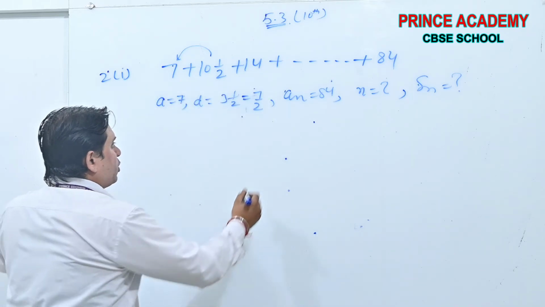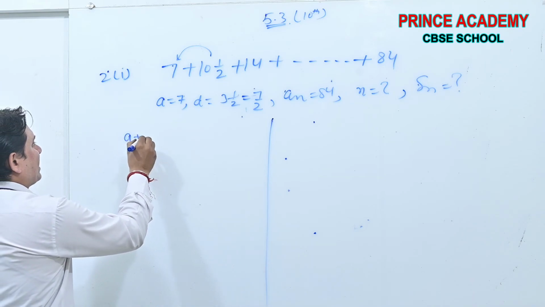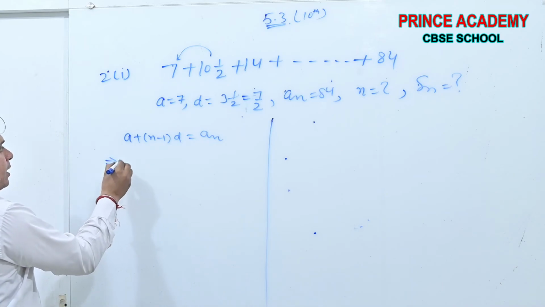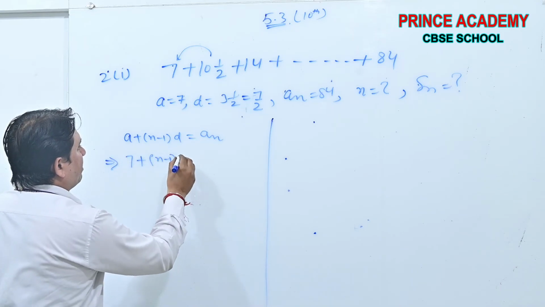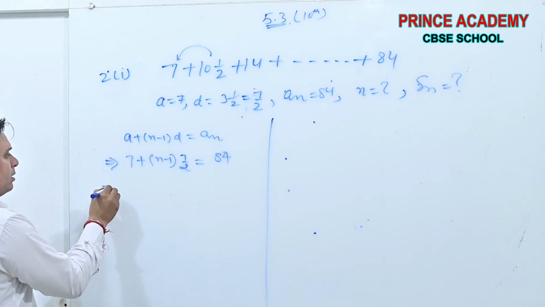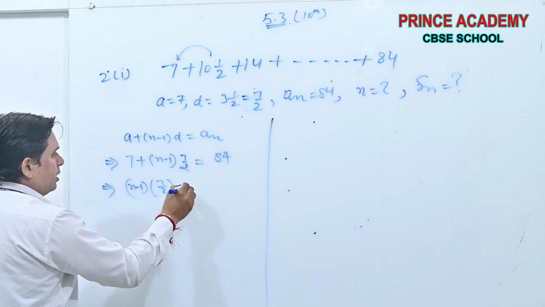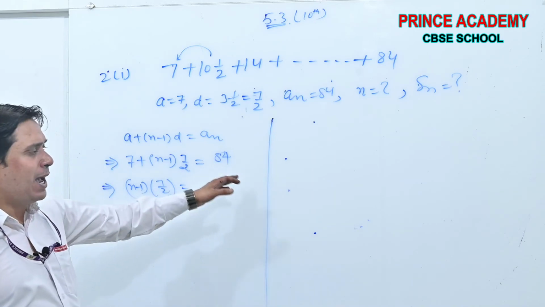Okay, now see here. a plus (n minus 1)d is equal to a_n. a is 7, n minus 1, d is 7 by 2, a_n is 84. Okay beta. (n minus 1) into 7 by 2. 7 will move there and be subtracted from 84.